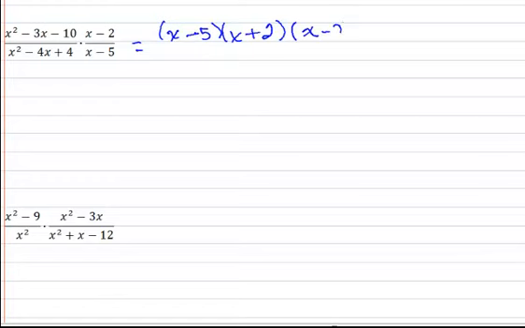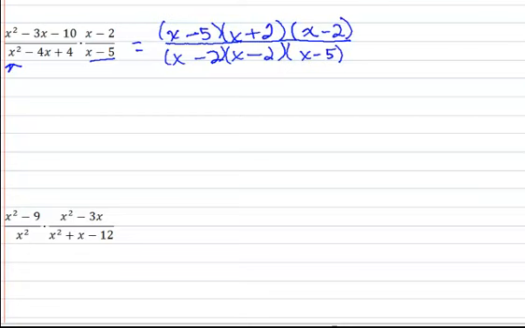Nothing to factor in that second polynomial, rational expression rather. And again, now I'm going to look at this. And just bring that over.